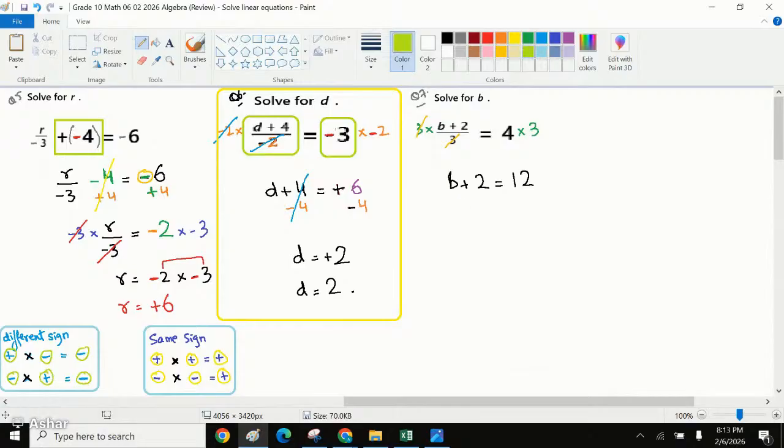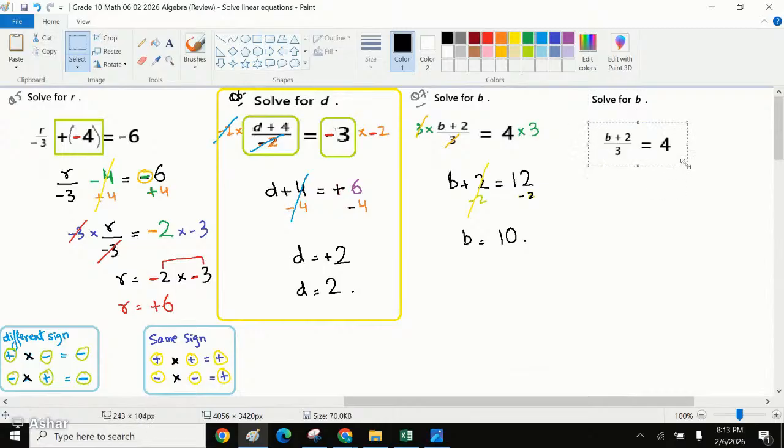We subtract 2 from either side, and we can say plus 12 minus 2 would be positive 10. Agreed?